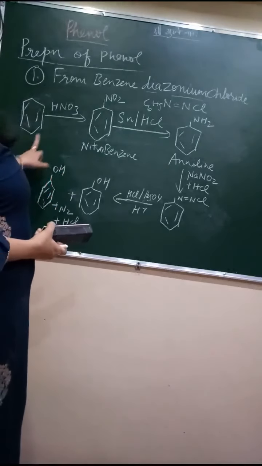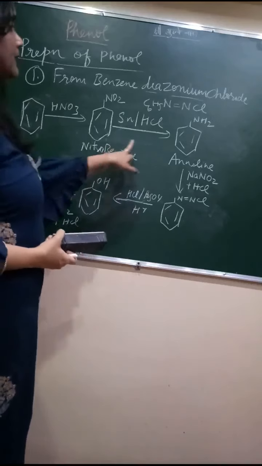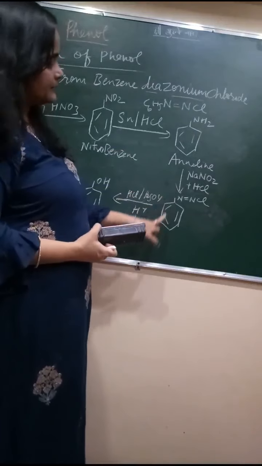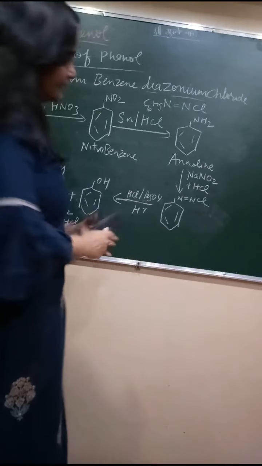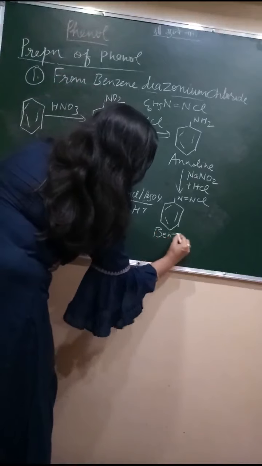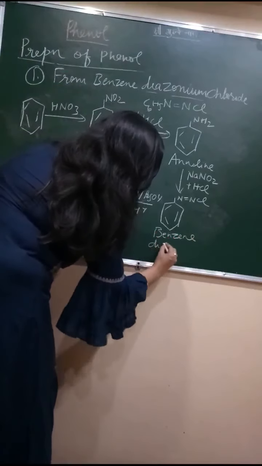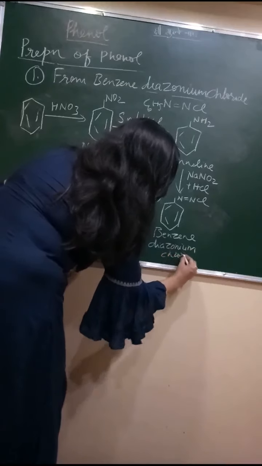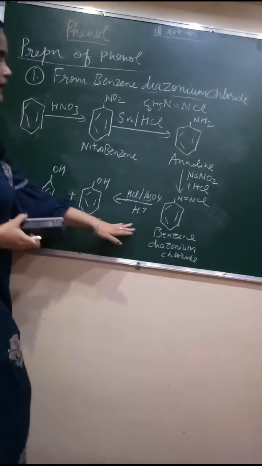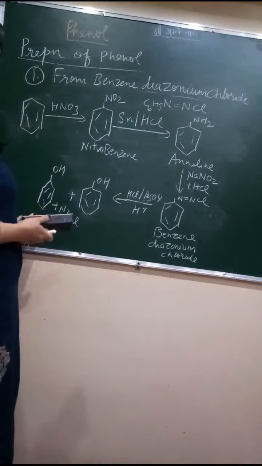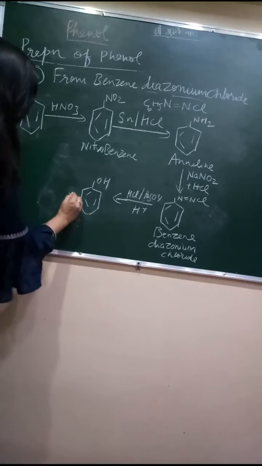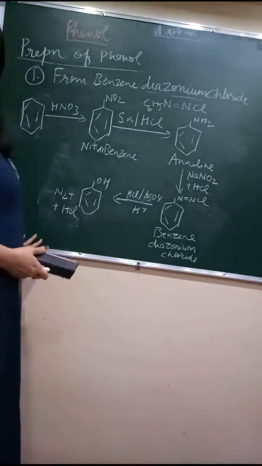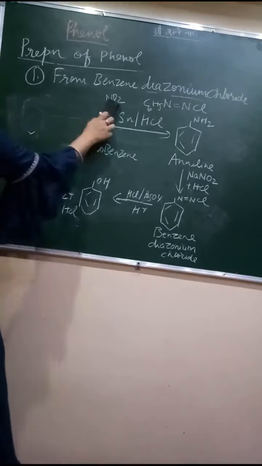So first nitric acid, then nitrobenzene is formed, then on reduction aniline is formed, then on treatment with sodium nitrite we get benzene diazonium chloride. And then on hydrolysis, we get phenol and nitrogen and HCl.